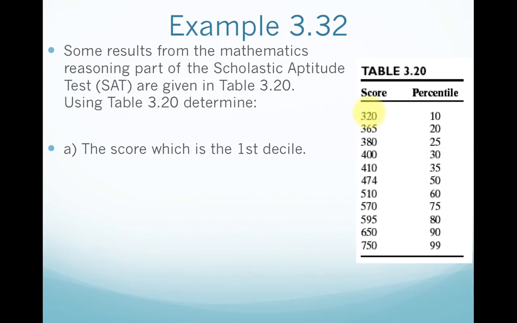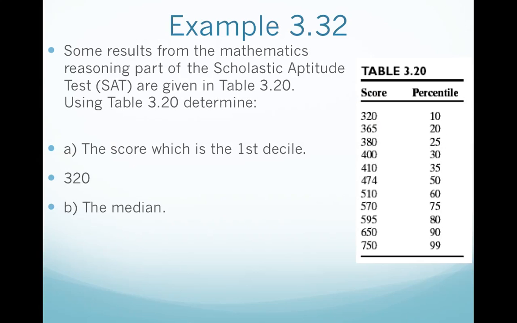Now let's interpret that score. It means that 10% of the students had a score of 320 or less, and 90% of the students had a score greater than 320. Okay, so the answer here is 320.